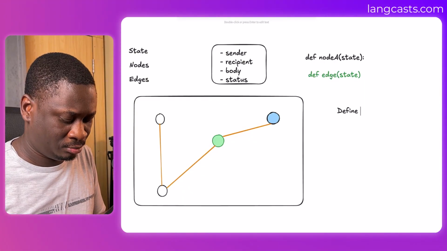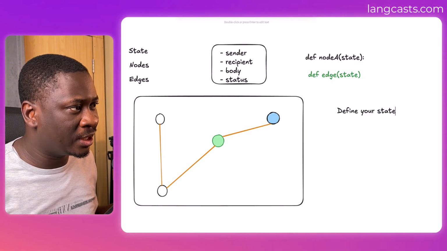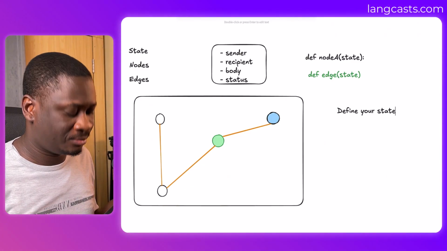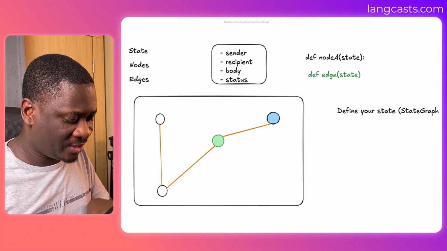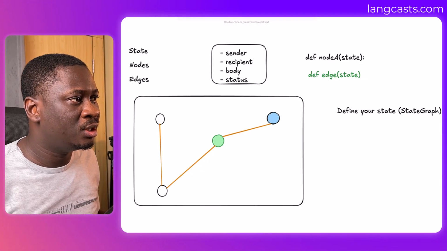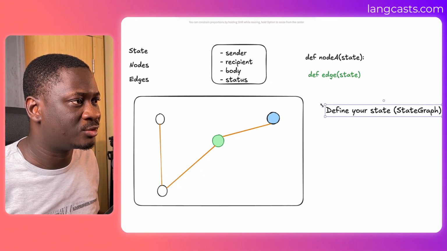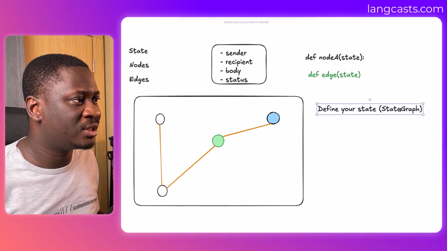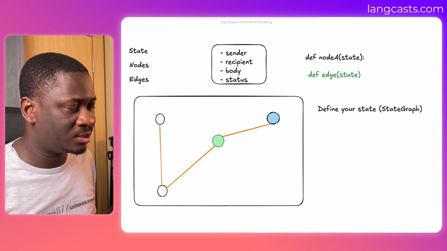You define your state variables, you use a dictionary. There's a StateGraph class, but don't worry, we're going to see it in the demo. So there's a StateGraph class that we're going to be looking at that you use to define your state.